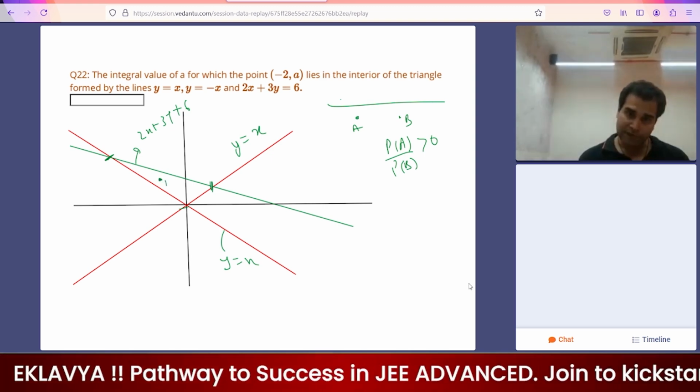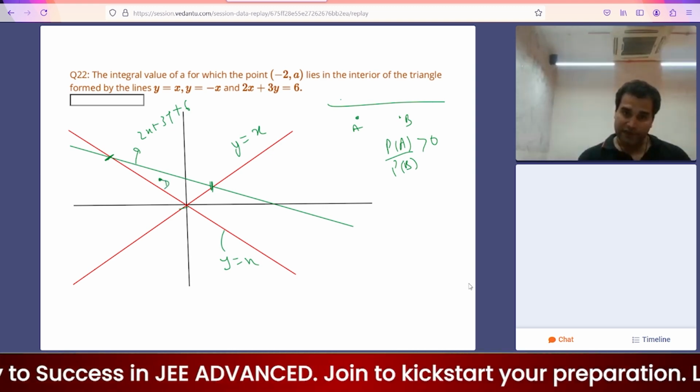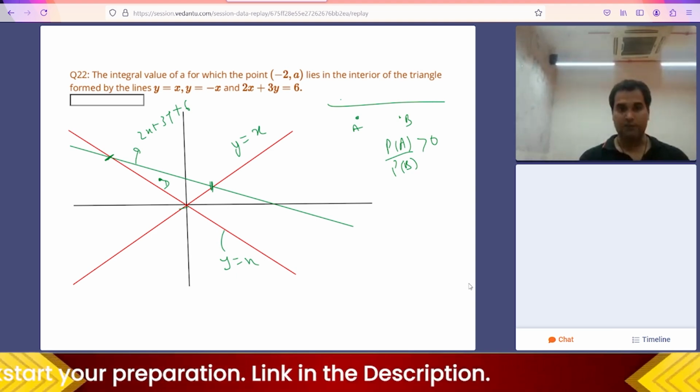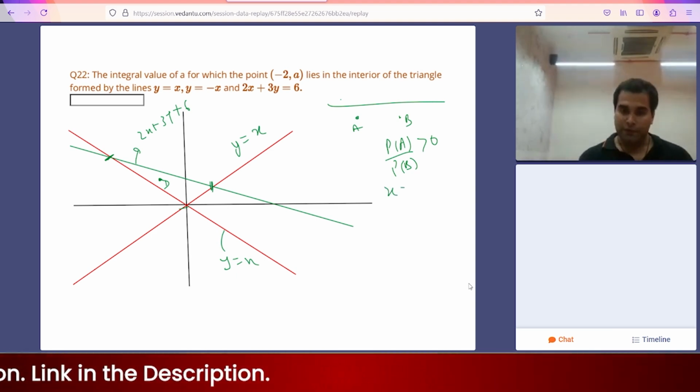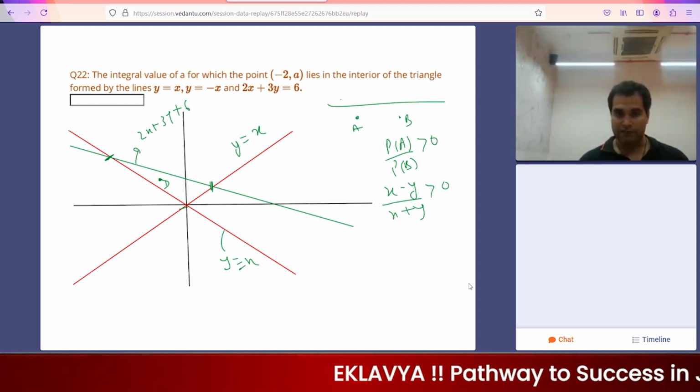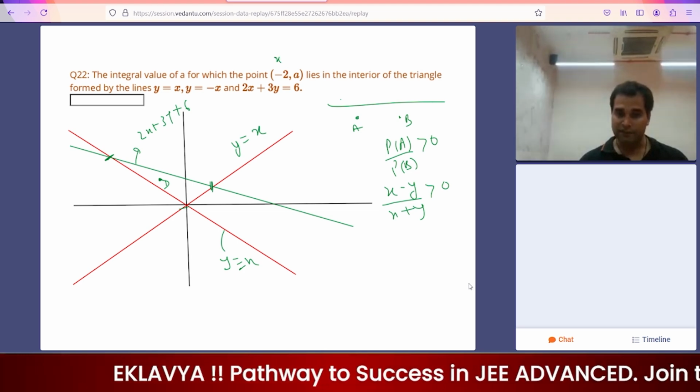If the point minus 2, a lies in the interior of the triangle, then for the line y equal to x, that is x minus y, the value is always greater than 0.